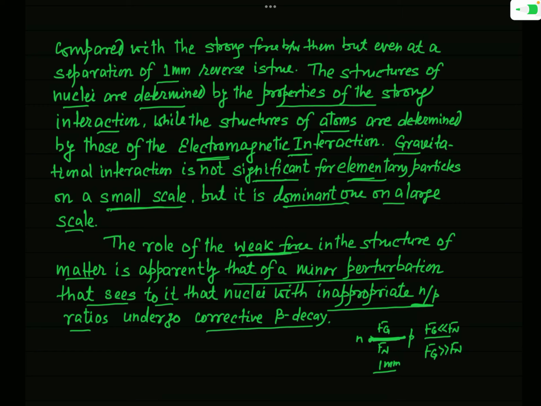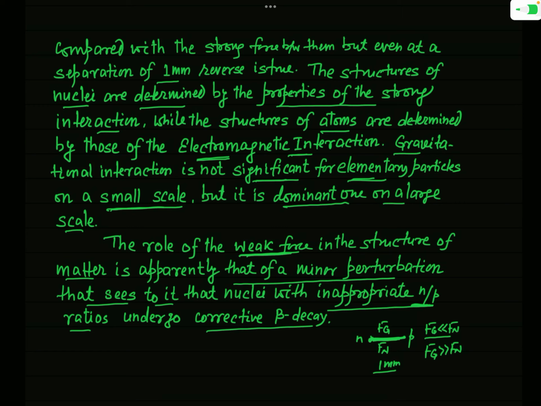Okay, so what are the roles of these four types of interactions? I have mentioned them very briefly. The gravitational force is responsible for the formation of galaxies and stars.